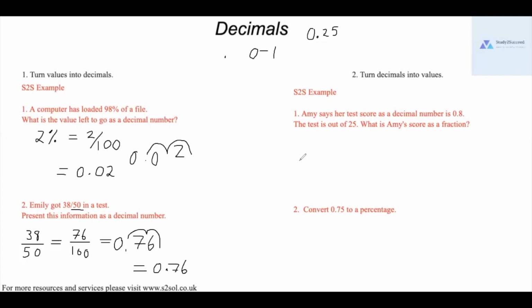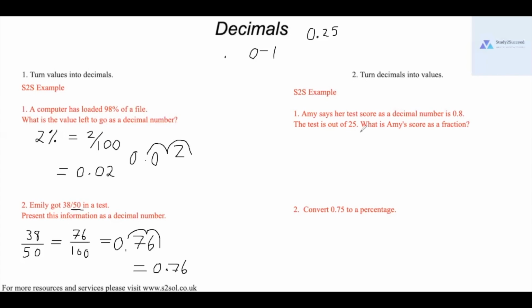We can either turn our decimal number into a percentage and calculate the value out of 25. So we calculate the percentage, the number out of 25. That is pretty long-winded, and very often we don't have the liberty of time in a test.